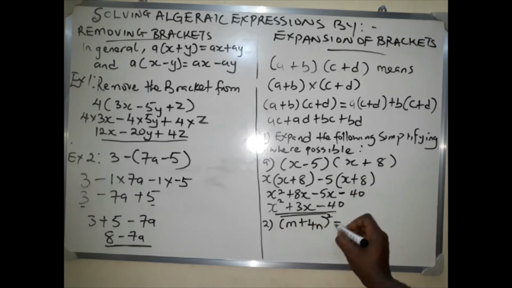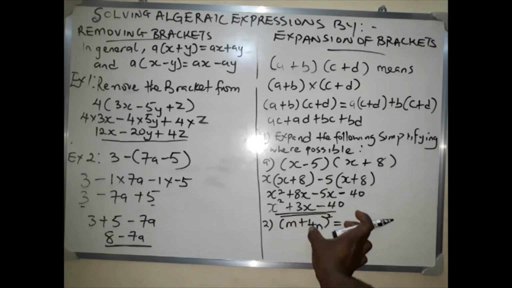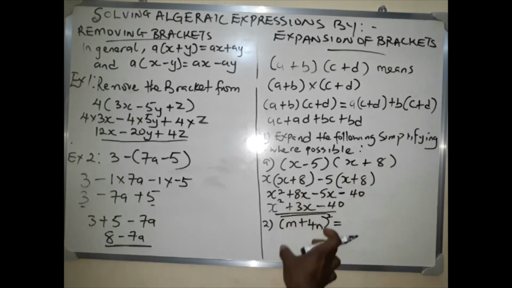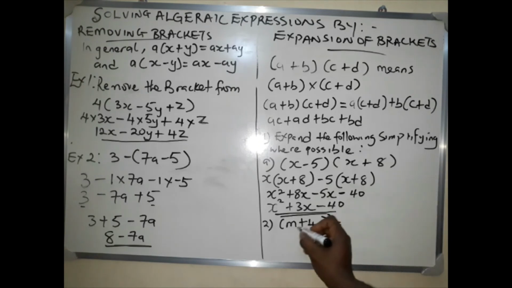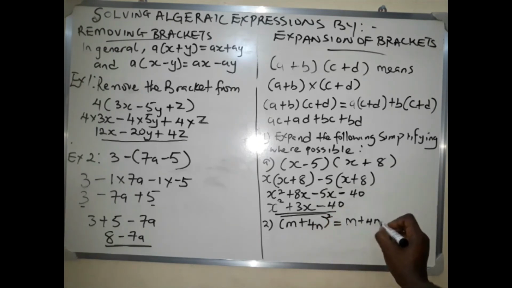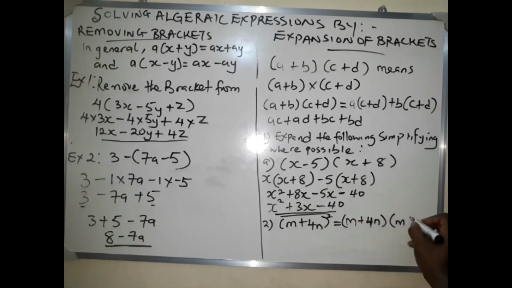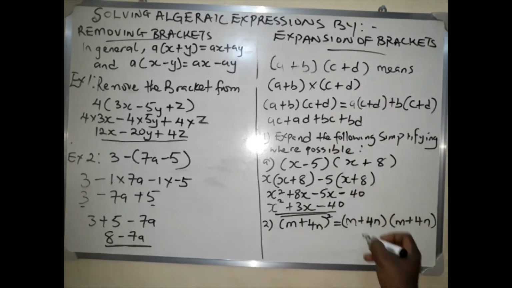So in this case, when you see a question where the bracket is raised to power 2, it means you're going to multiply that bracket by itself. So m plus 4n raised to the power 2 will give us m plus 4n times m plus 4n, multiplying it by itself. So we do like we've done here. M multiply everything here, then 4n multiply everything here.